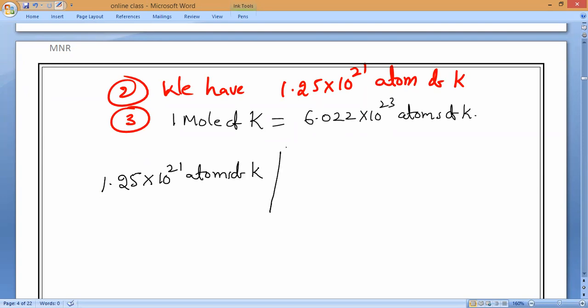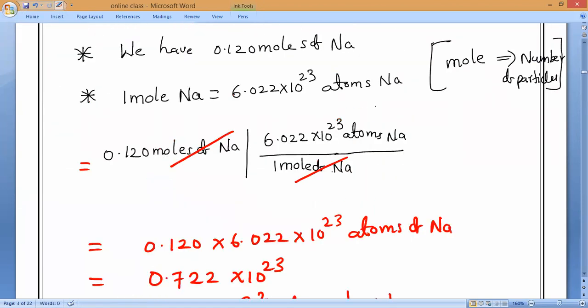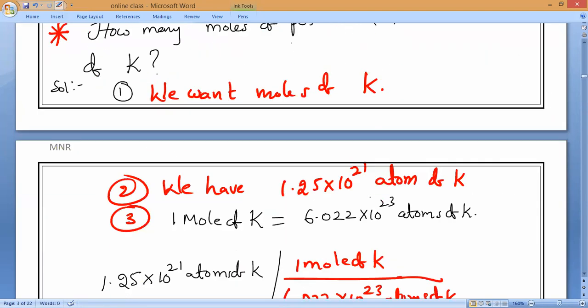Now, do we want moles or do we want particles? Moles. So we know 1 mole of K is equal to 6.022 into 10 power 23 atoms of K. Do you remember, before I wrote mole down, but now I am writing mole up.